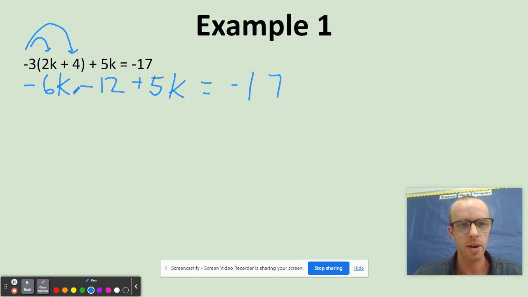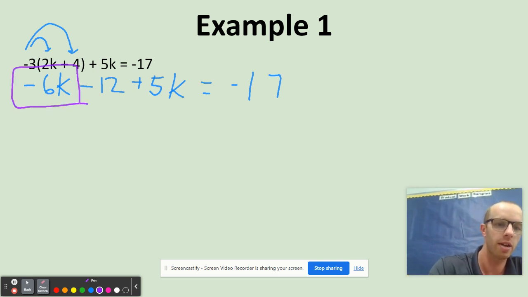Organizing your math, understanding that this expression is just this again shown differently, is very important. Now we need to keep simplifying. When you simplify, you first need to distribute, and then you need to combine like terms. Like terms have the same variable and the same exponent. We're not dealing with exponents here, so it's just the same variable. So I have a term here, -6k, and another term here, positive 5k.